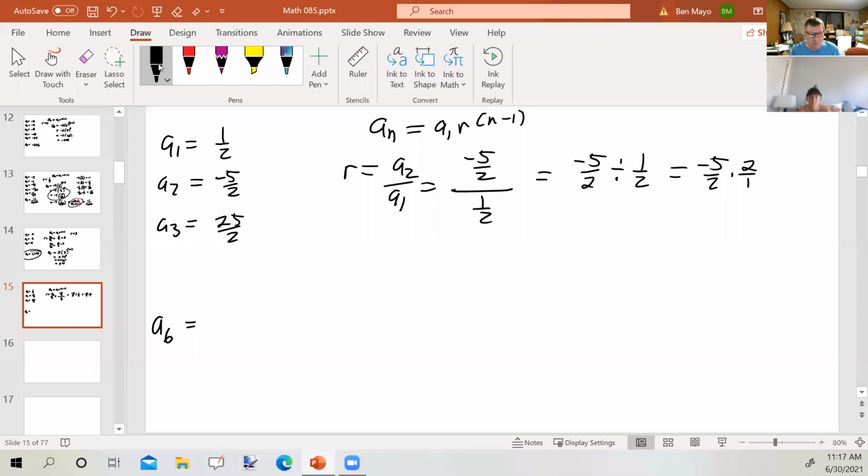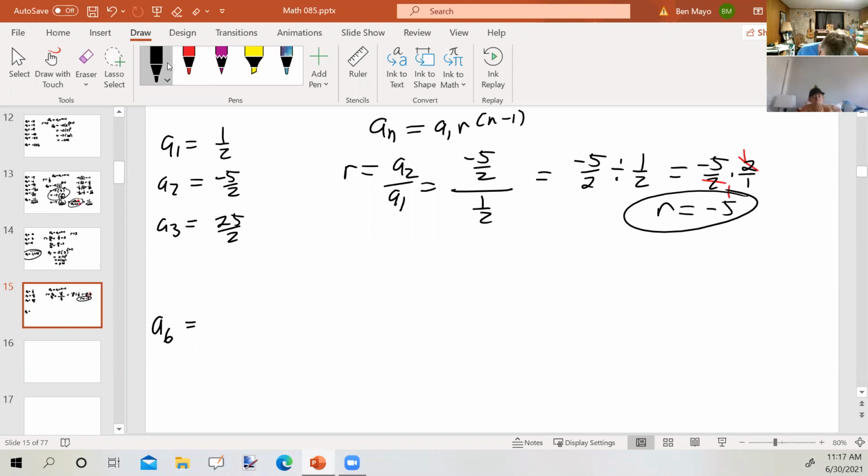So instead of dividing by 1/2, we're going to multiply by 2, or 2 over 1. Now I can reduce this down to just -5. So the common ratio is -5.